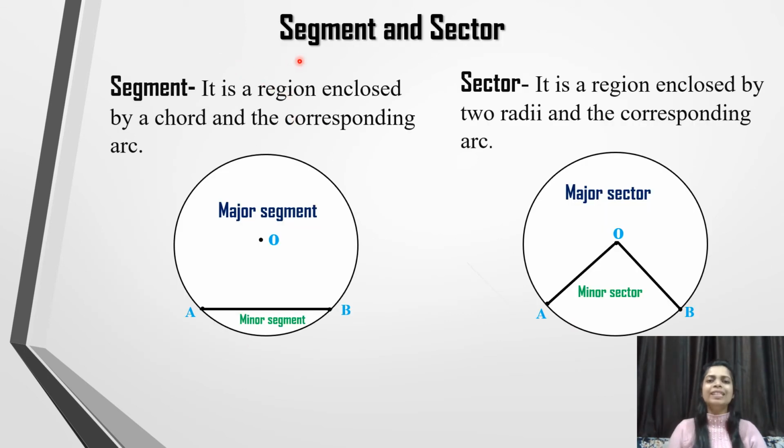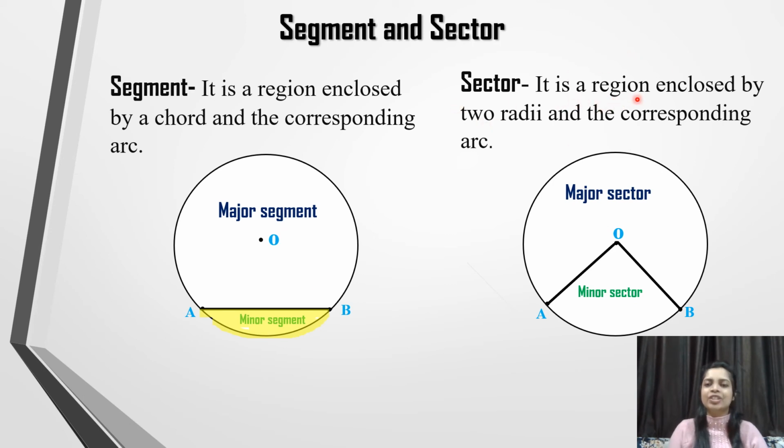Now, what is a segment and what is a sector? Segment is a region enclosed by a chord and the corresponding arc. If we have a chord AB and the corresponding arc which is a minor arc AB, then this segment is called a minor segment. Similarly, if we have a chord AB and this arc is a major arc, then this whole segment is called a major segment. Now what is a sector?